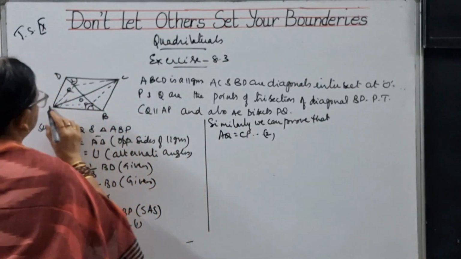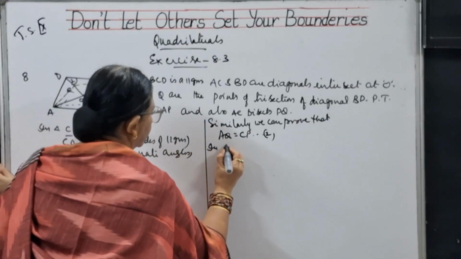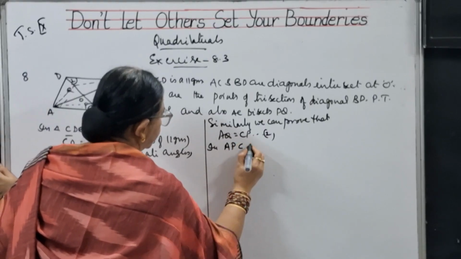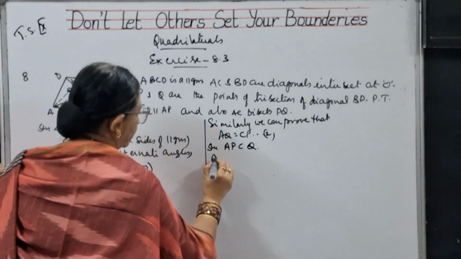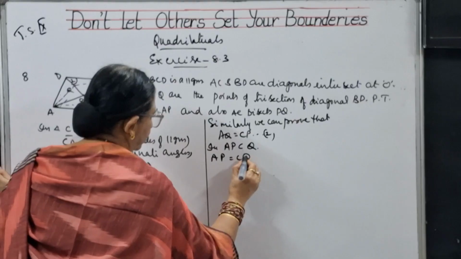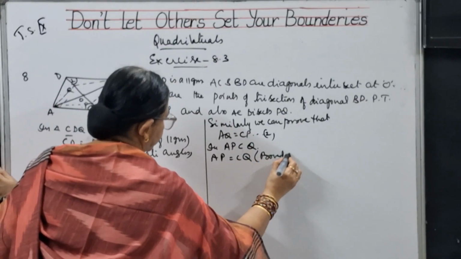So in APCQ, what we have got: AP is equal to CQ. This we have just now proved, the first statement.